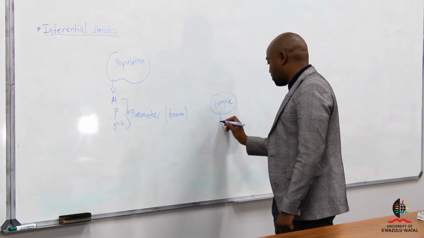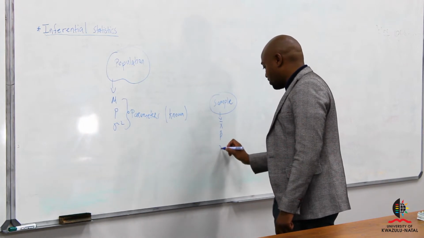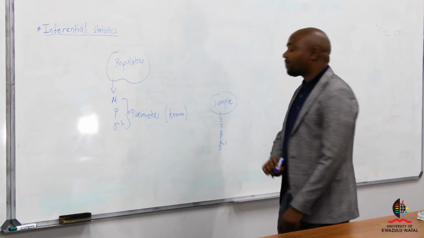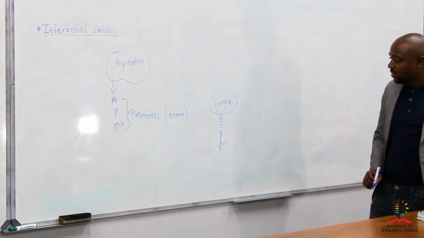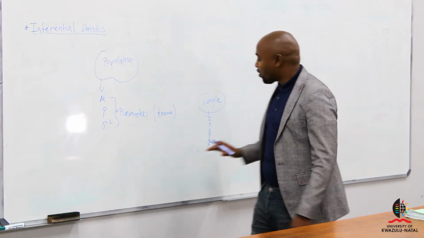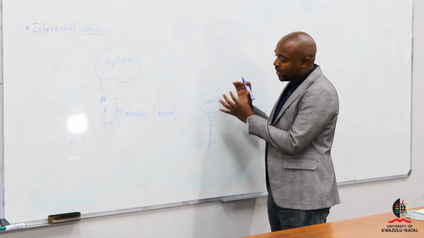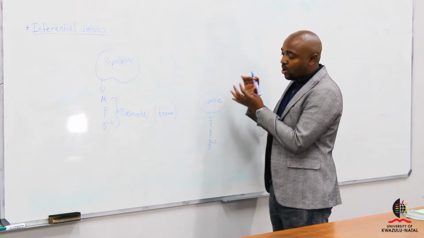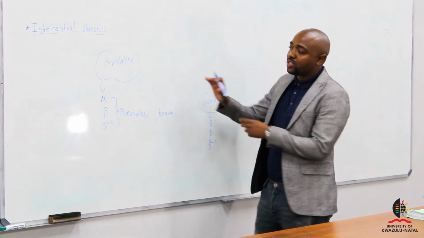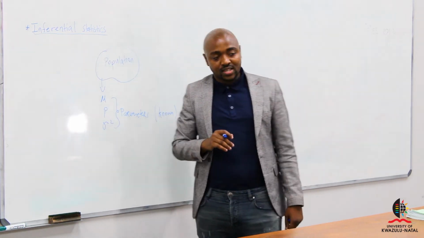So you've got your x bar, your p hat, and your variance hat. These are estimates of these unknown parameters. So every time you make conclusions about the population based on things you calculated on the sample, you need to understand that you're dealing with inferential statistics.